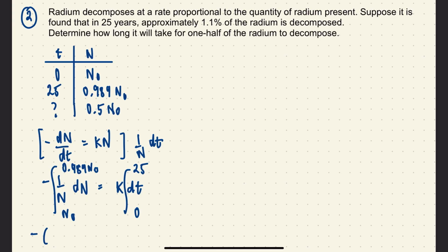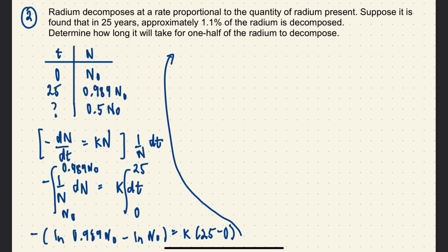This becomes negative of ln 0.989 N0 minus ln N0 is equal to k times 25 minus 0. Substituting the negative signs, this becomes ln N0 minus ln 0.989 N0 is equal to 25k.